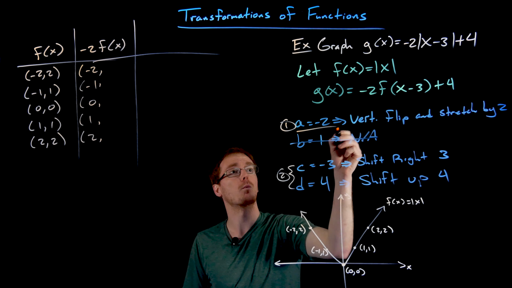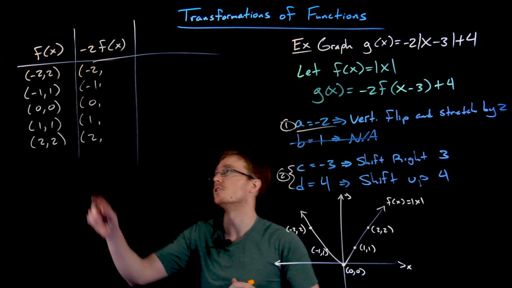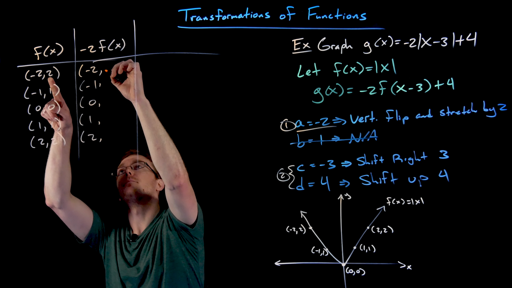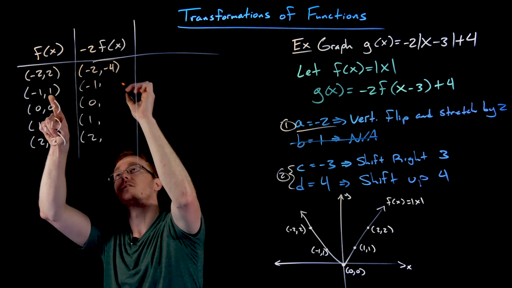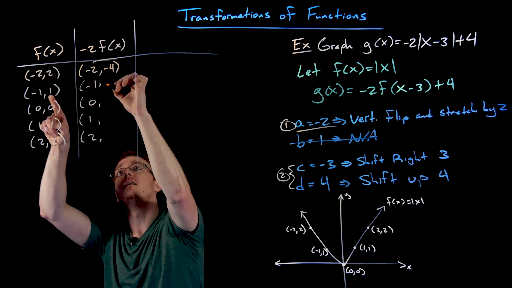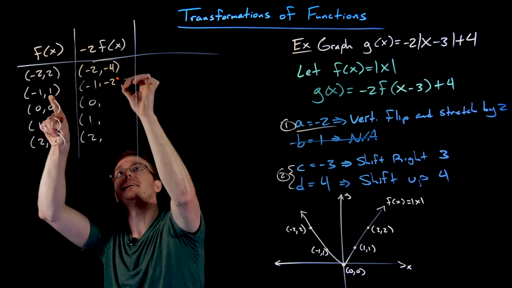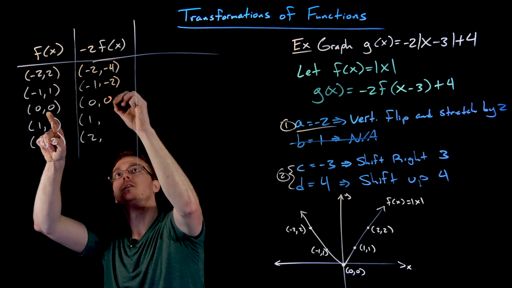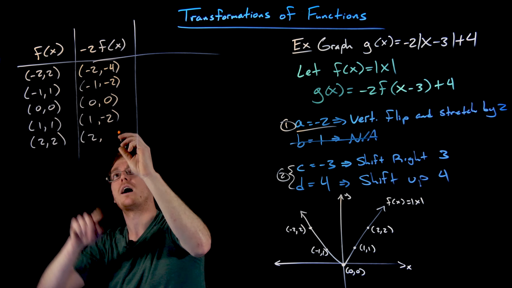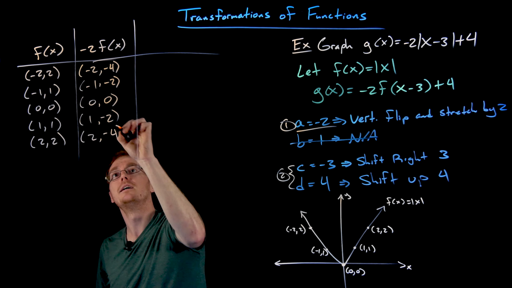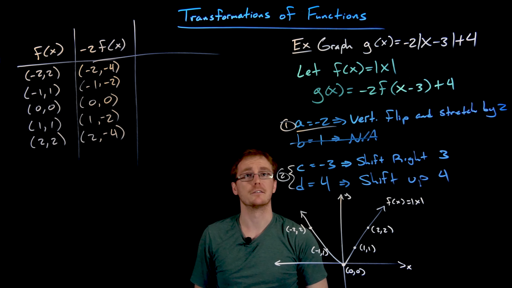We're just multiplying our y coordinates all by -2. So our original 2 gets multiplied by -2 and turns into a -4. We multiply that original 1 by -2, it becomes a -2. 0 remains 0. And our last 2 y values become -2 and -4 respectively.